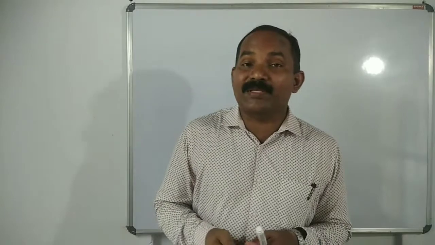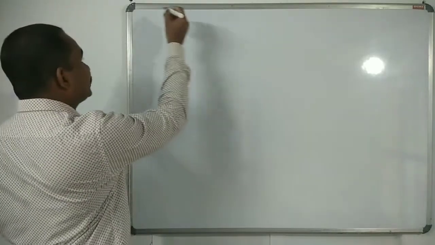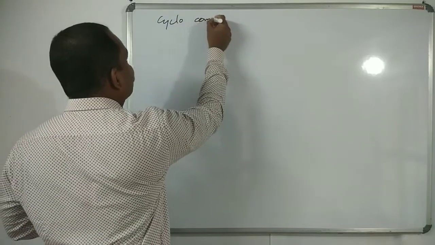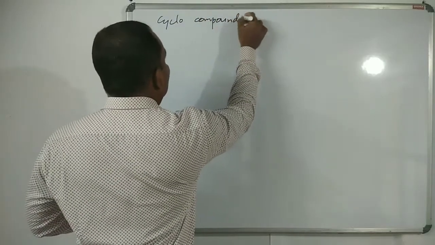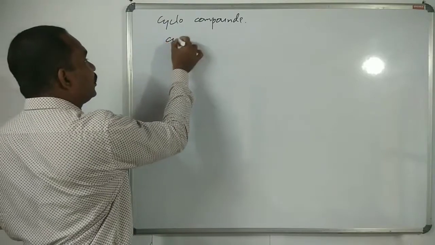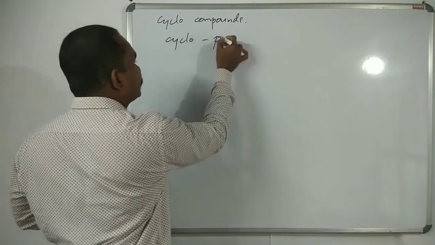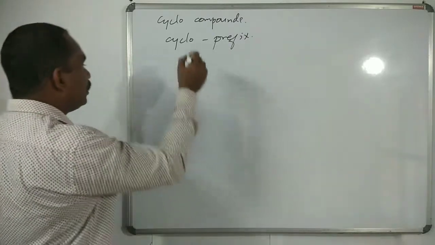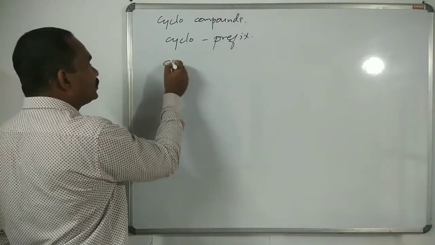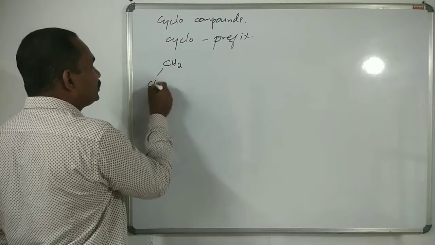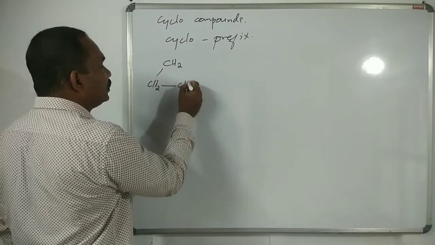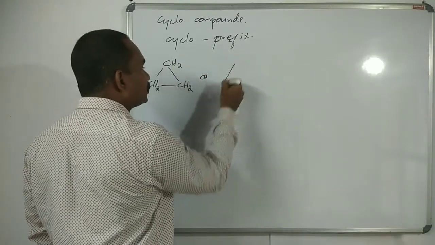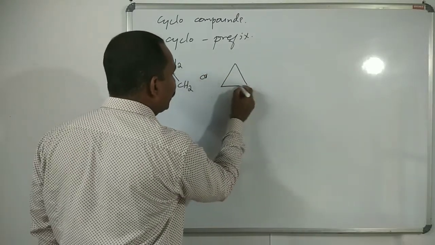Let's discuss some examples. The first example, naming of cyclo compounds. Cyclo is used as a prefix. For example, CH2, CH2, CH2. It is a cyclic compound. Three carbon atoms are present.